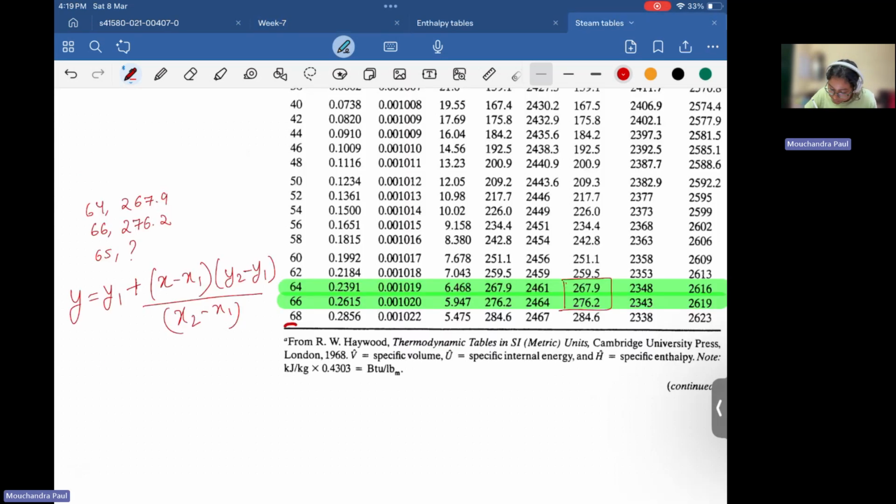So at 65, enthalpy is, let's say, Y. So Y1 is 267.9, X minus X1, that is 65 minus 64, Y2 minus Y1 is 276.2 minus 267.9, by X2 minus X1, 66 minus 64.